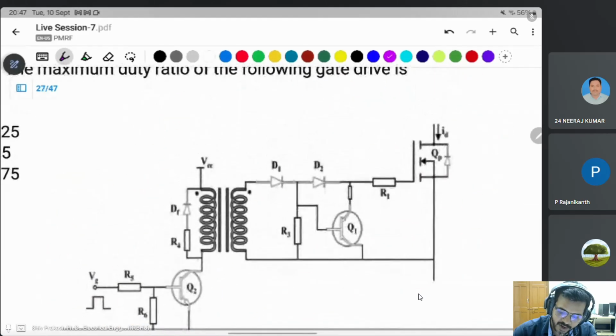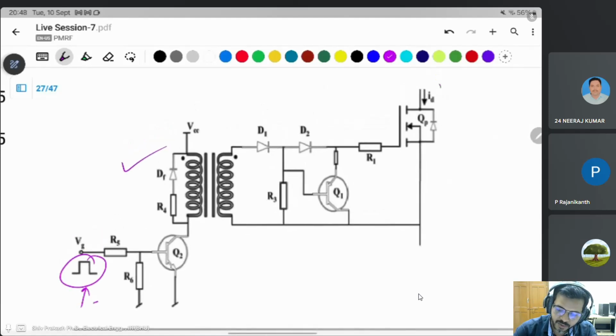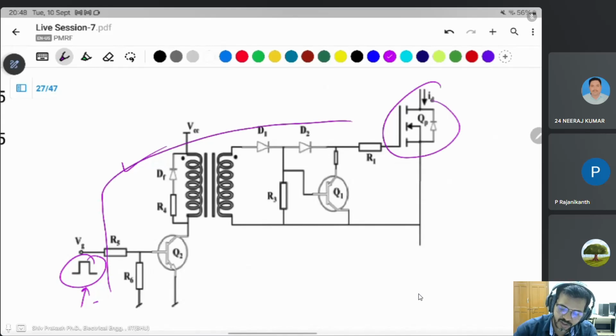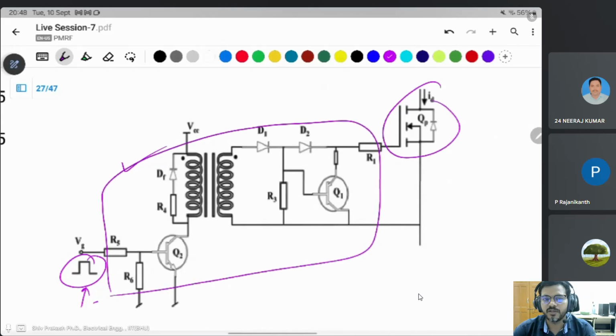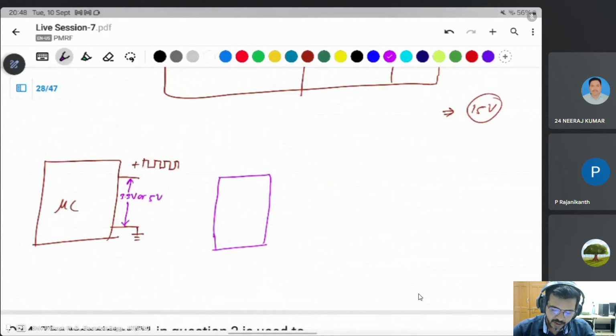This is the driver circuit to turn on the MOSFET. Here are the pulses given from the microcontroller, here is the MOSFET, and this is the whole circuit to turn it on. Suppose you use an 8 pin IC.